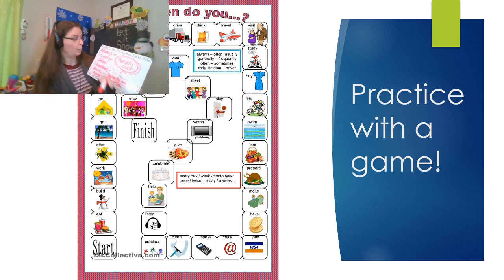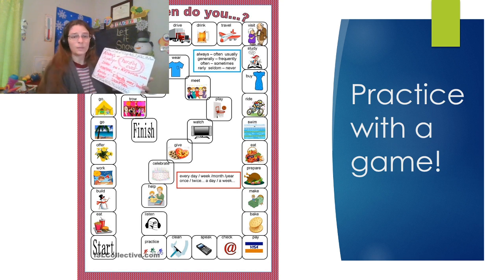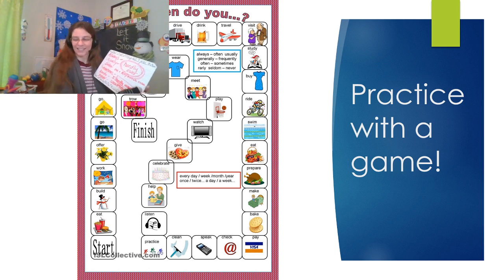This is where you will put your adverb of frequency in your simple present sentence. So you will have your pronoun, then you will have your adverb of frequency, then you will have your verb and your complement. I hardly ever build snowmen. I sometimes build snowmen. Or I always build snowmen when it snows.